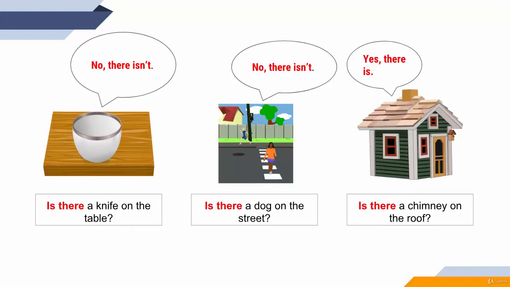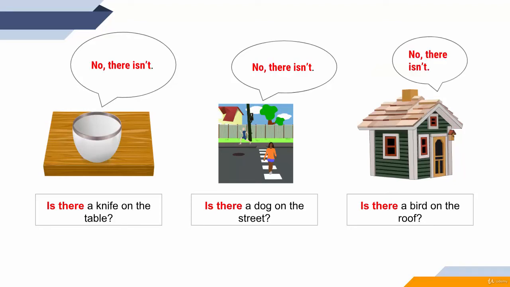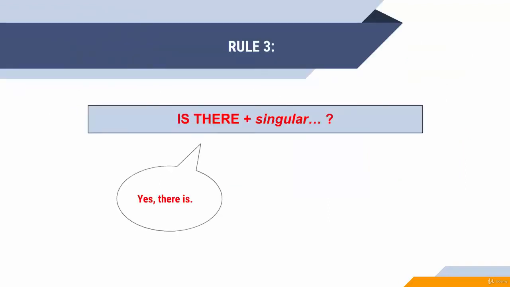Yes, there is. No, there isn't. Is there a bird on the roof? No, there isn't. So, is there is used plus singular, and the answers are yes, there is, and no, there isn't.